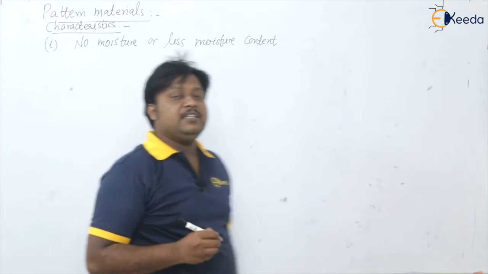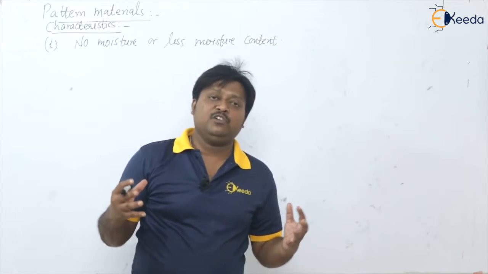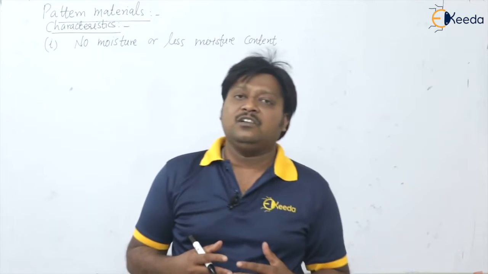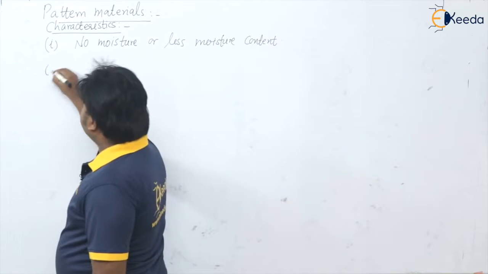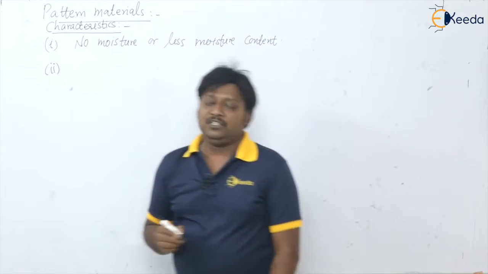If the material has a tendency to absorb moisture, then the size will get bigger by the absorption of moisture and there will be an increase in the cavity, so the dimensions are not okay. That's why the first characteristic is that there should not be any moisture content.